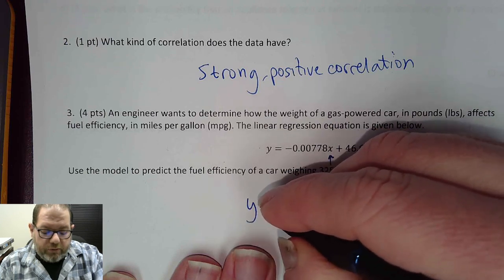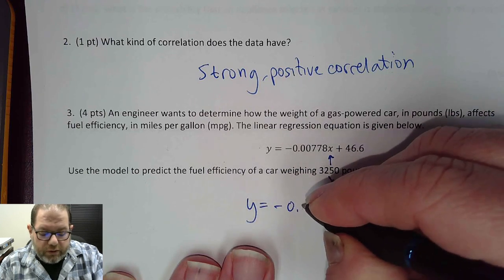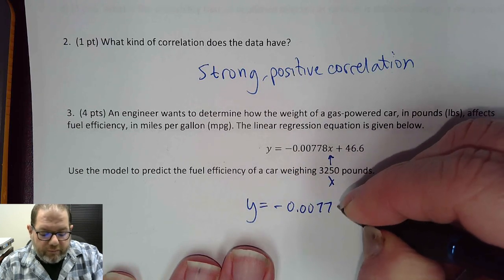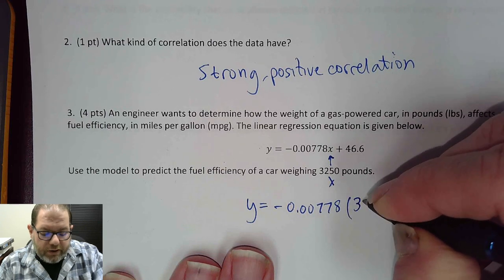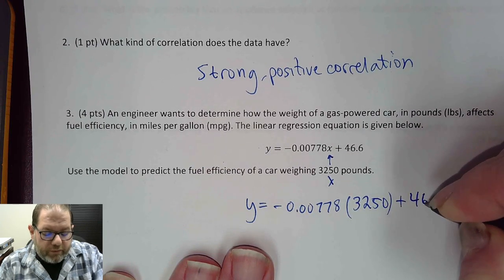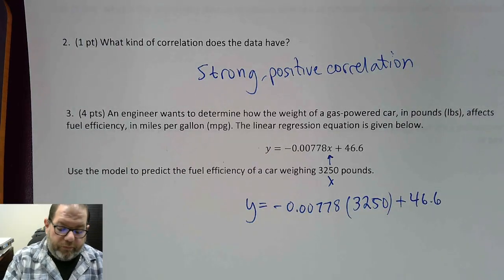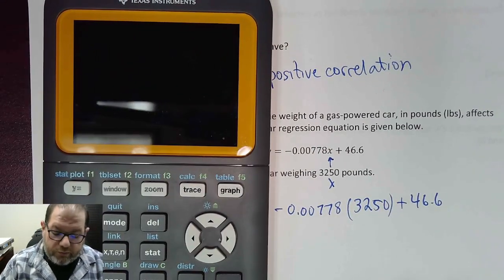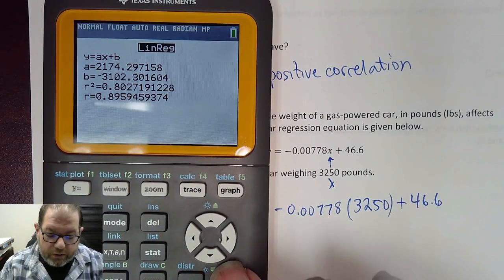So y will equal negative 0.00778 times 3,250 plus 46.6. And so we'll just do that in the calculator.